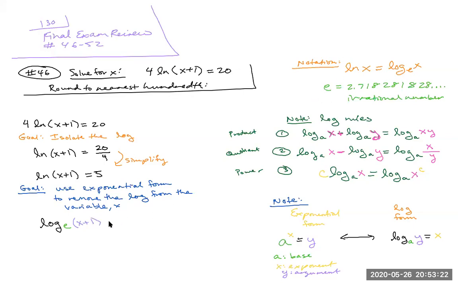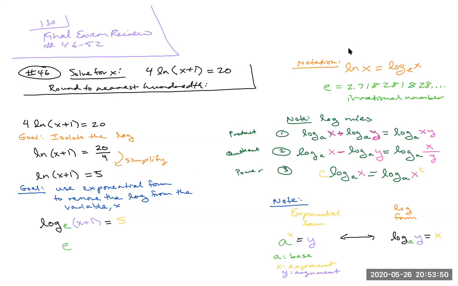You're going to have your equal over here, and then you have 5. That's eventually going to become your exponent. So see what I did here? I just changed the format ln into log base e. And now I'm going to use exponential form here to get the x, the variable, outside of the log.